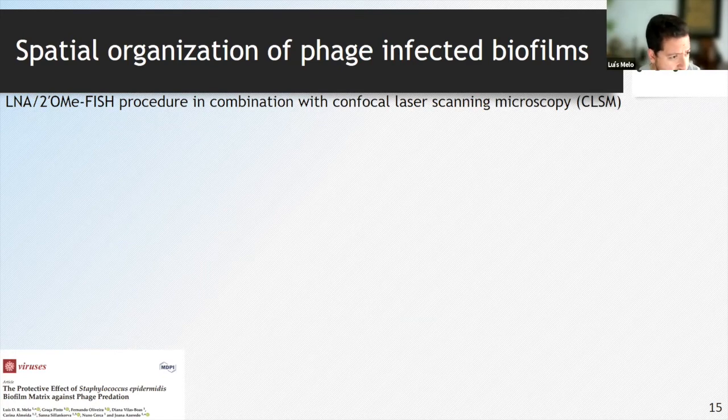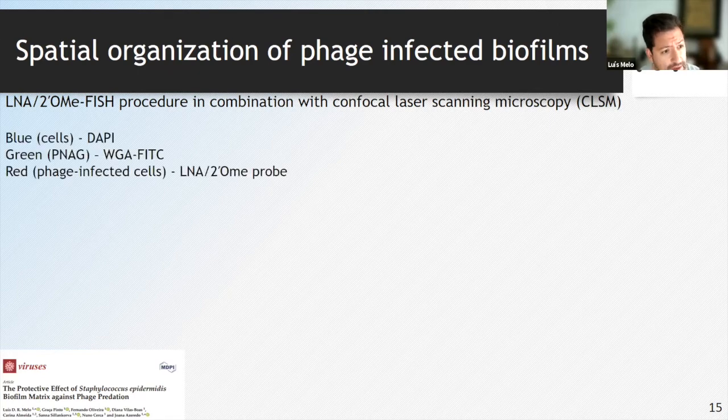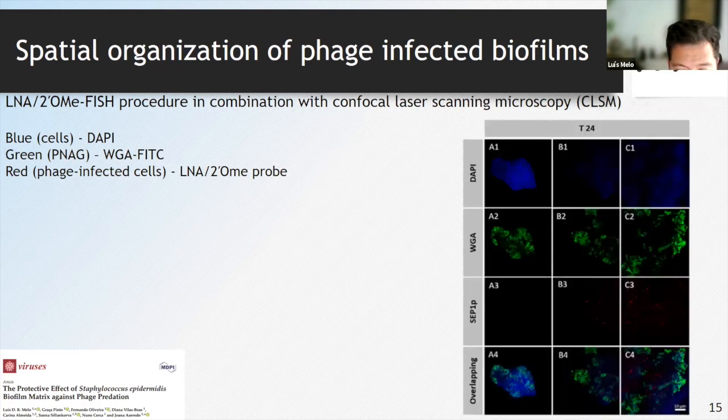In this case, the targeted mRNA was the major capsid protein. So we did a triple staining. We used DAPI for staining the cells. We used WGA with FITC to target the polyN-acetylglucosamine, which is the main component of the biofilm matrix. And we used the probe to show us the phage-infected cells.